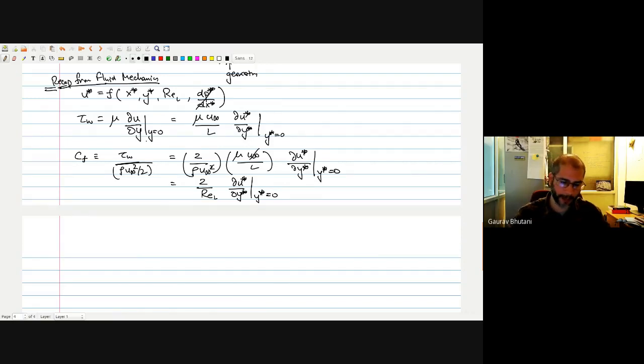There's a lot of mixing happening, so we can't use this idea for turbulent flows. So what we see is that this CF is some function of x star and Reynolds number only, because it's calculated at y star equal to 0, this gradient here. So of course the y star dependence is removed.